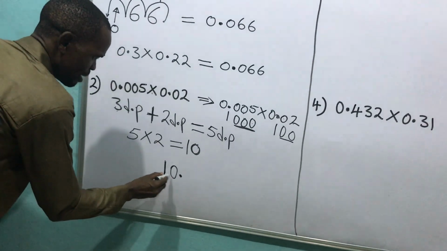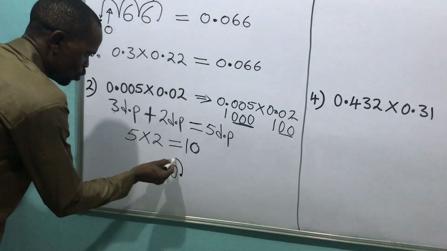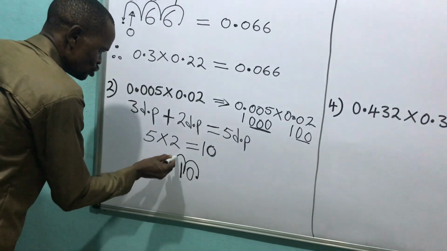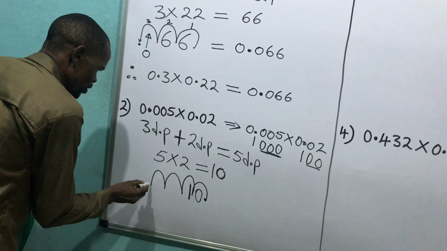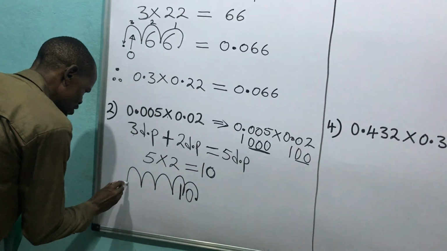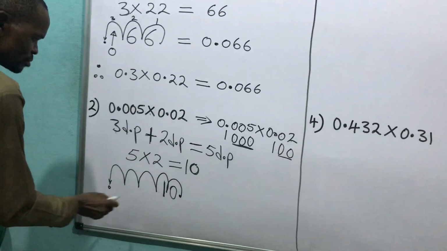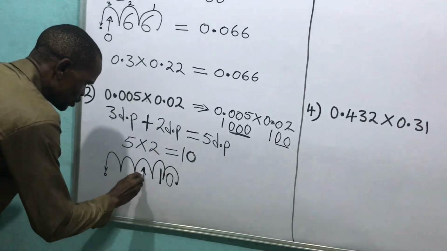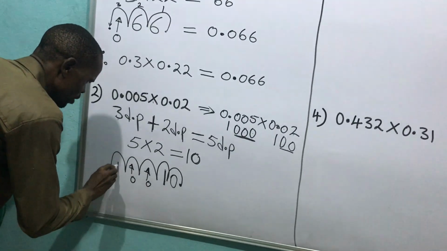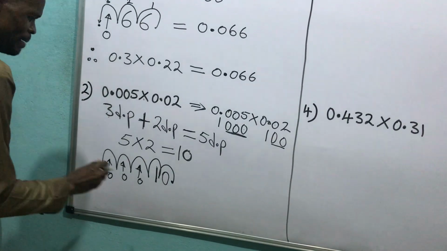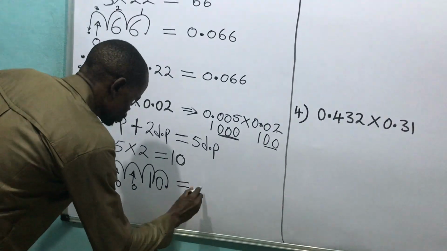That's where my decimal point is. I'm going to return it: 1, the first movement, 2, the second movement, 3, 4, and 5. That means this is where my decimal point will be. Then I'm going to use placeholder 0, placeholder 0, placeholder 0, and that implies that this is equal to what?